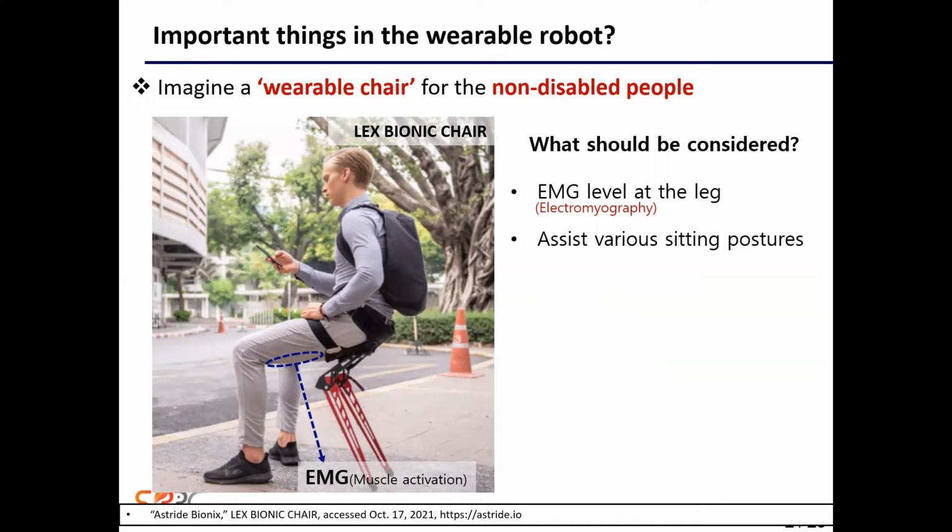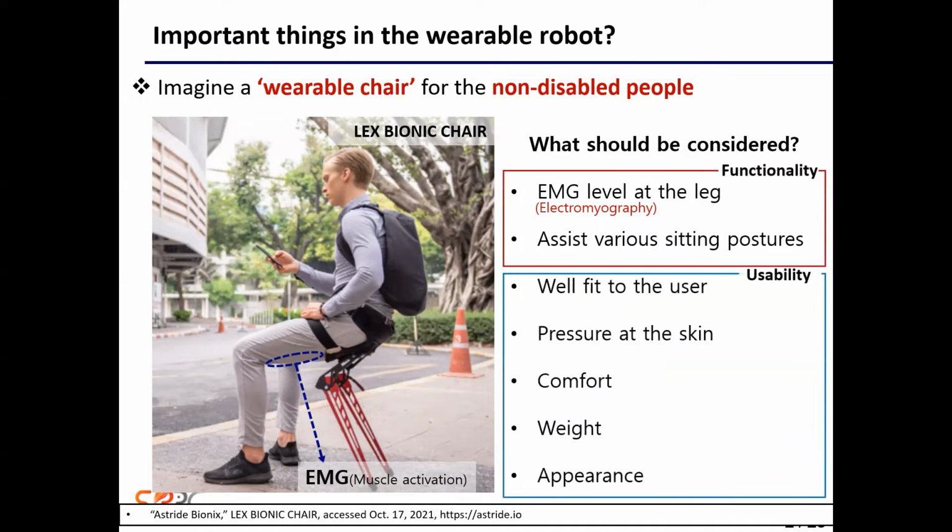Or you can think of how many postures the device can support. However, our experience developing wearable robots has shown that other factors related to comfort are just as important as factors related to functionality. In this presentation, I will refer to the factor related to user convenience as usability.